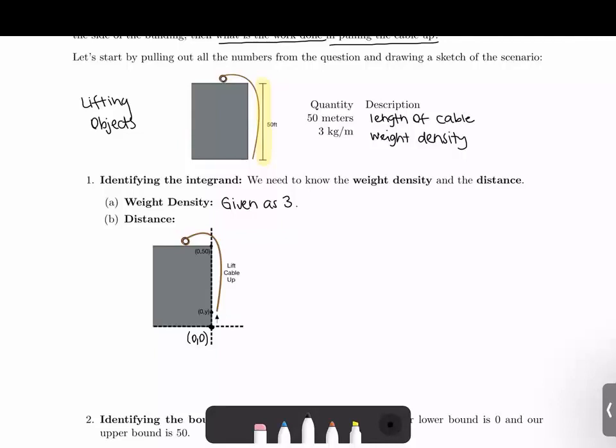So our y value increases to 50 because we went 50 feet up. Whatever the bottom of the cable is, I'm going to label as 0, y. So it's the y value that represents where the end of the cable is. I'm going to have y represent the height of the end of the cable, because we're moving vertically.